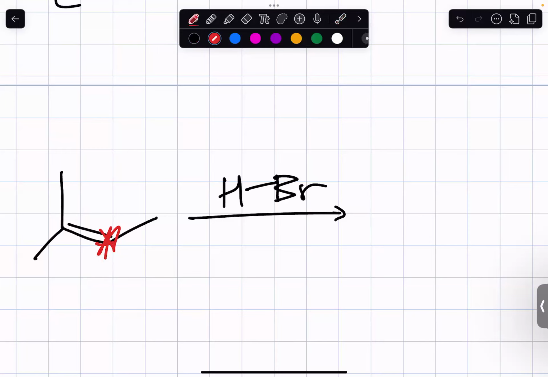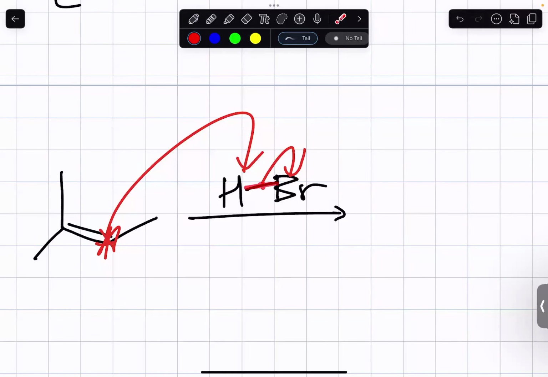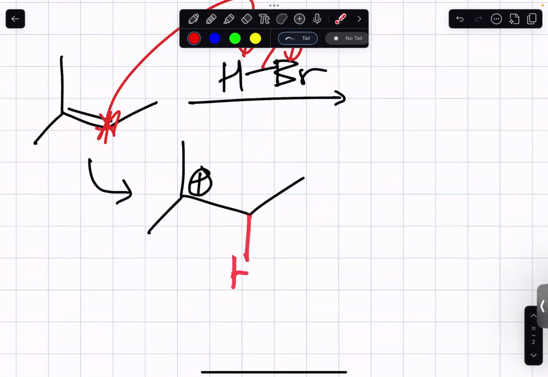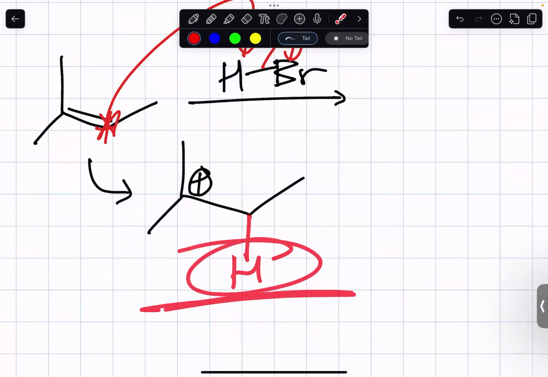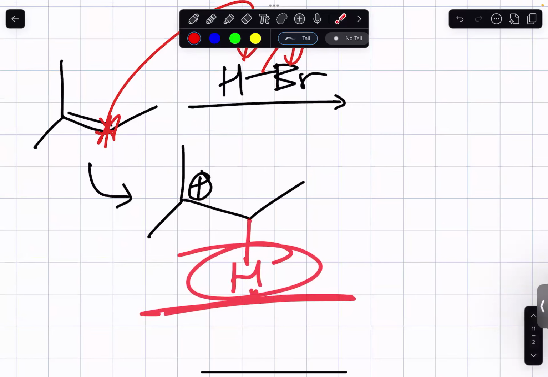So this carbon is going to be the base that gets protonated by the HBr, kicking off the Br by breaking that bond right there, and leading us to this carbocation intermediate, where this carbon has a proton, but I'm going to leave that as invisible, which came from the HBr.